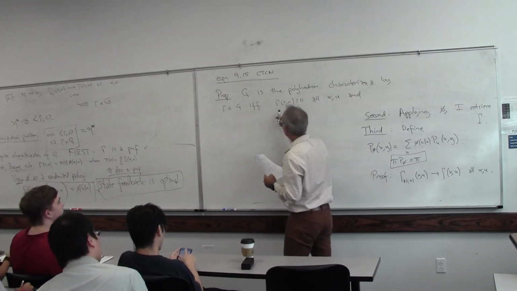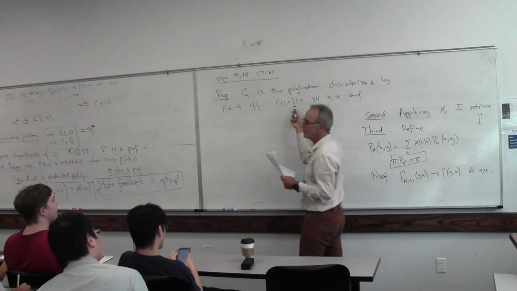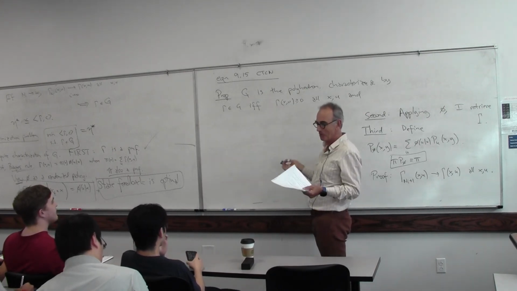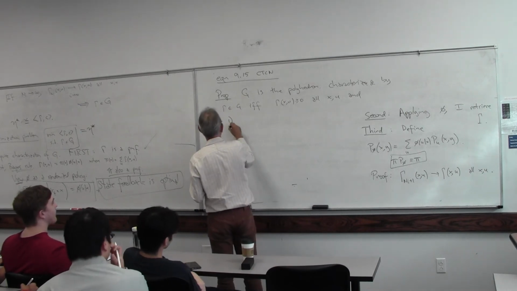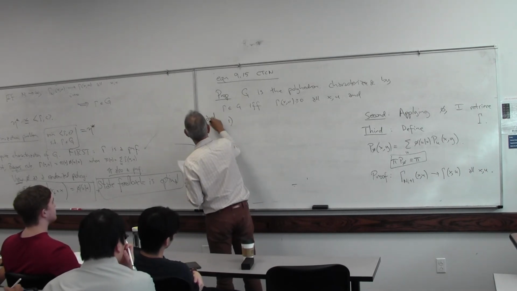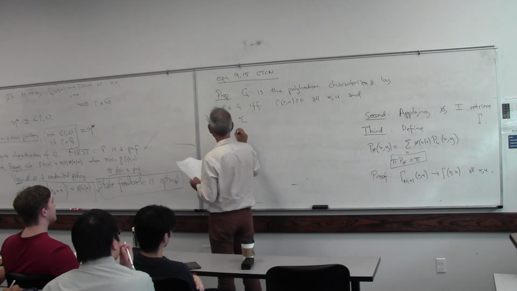So first of all, any gamma in G has to be non-negative. It's a probability mass function, and so it sums to 1.